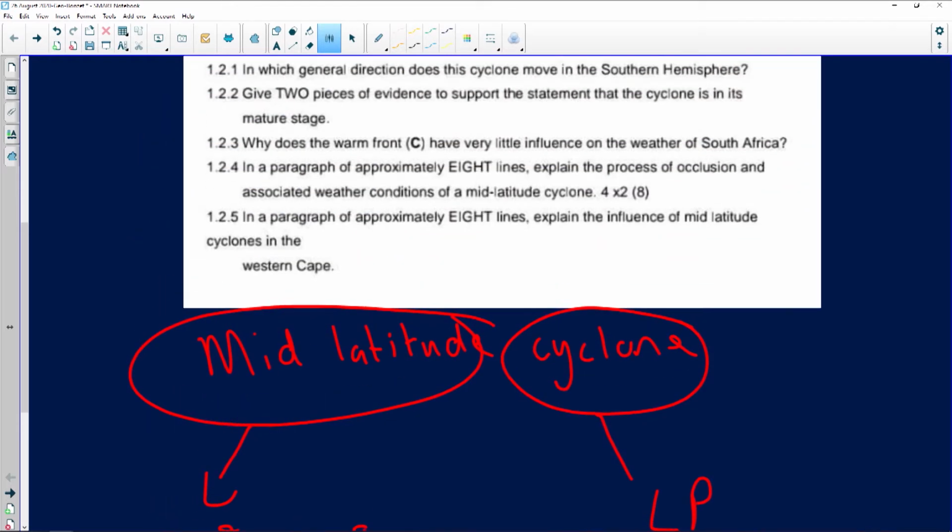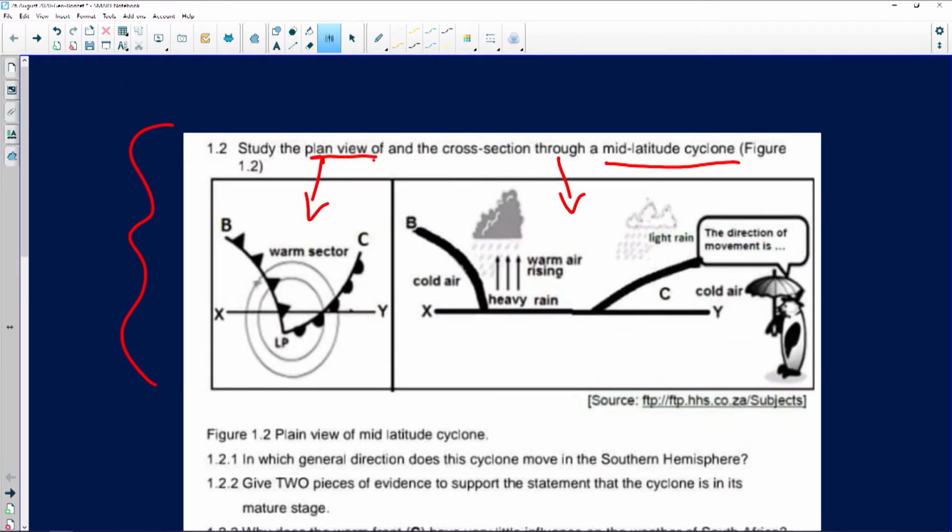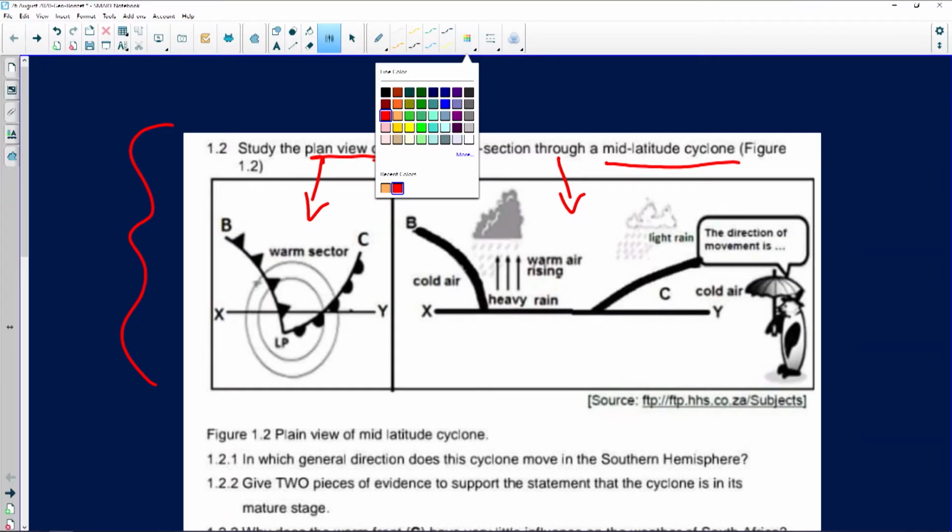Now, what makes a mid-latitude cyclone so distinctive? Please remember, there's still some confusion between tropical cyclones and mid-latitude cyclones. Always remember, once you see fronts present, you immediately know it's a mid-latitude cyclone. Now, when I talk about fronts, I'm even going to use the color pens to show you.